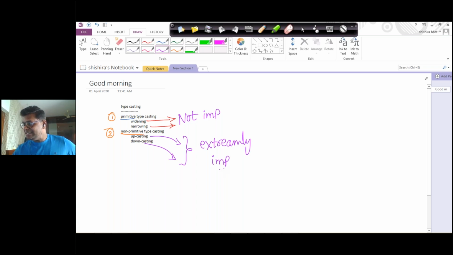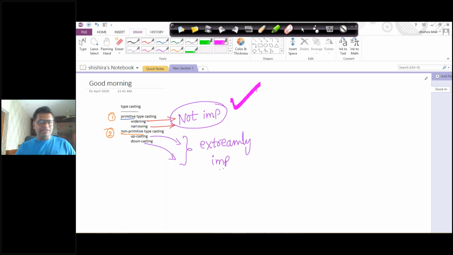Please observe, this is a super important concept. But the first one, primitive typecasting, is not greatly important. Done. So let me first explain this primitive typecasting, though it is not important, but as a subject we have to understand it. Let me start explaining this.